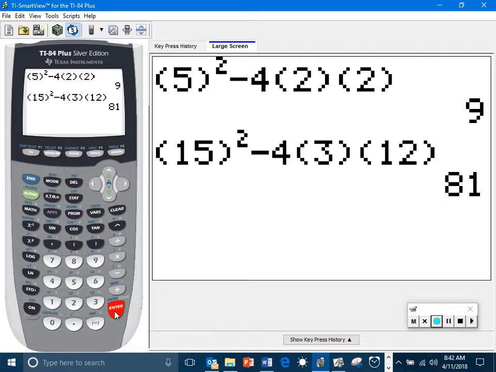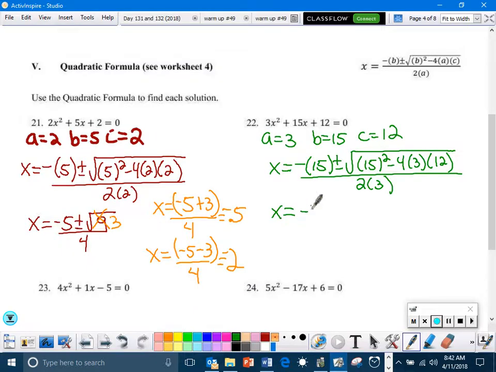That's 81. Okay, and the square root of 81 is 9.